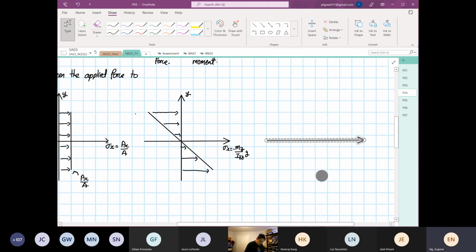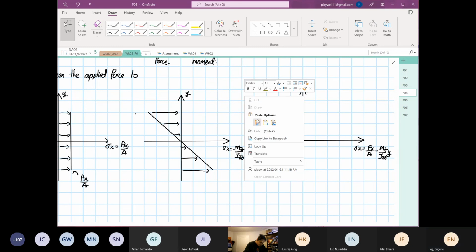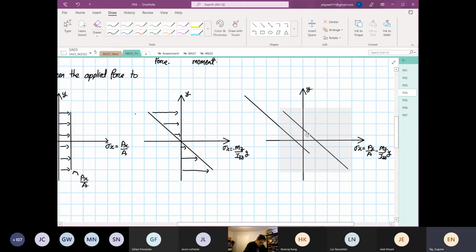When you add both of them and draw the normal stress, stress X is equal to Px over A minus mz over Izz multiplied by Y. If this is my Y now, we know that there'll be a shift. The gradient will still be the same, but there'll be a shift.